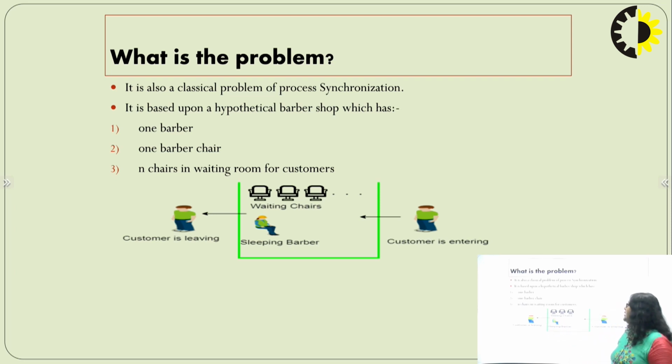These are the waiting chairs, this is the sleeping barber, and this is the customer. The customer leaves when the chairs are full, and leaves when the shop is closed. The customer enters when the shop is open, and enters when the waiting chairs are empty.